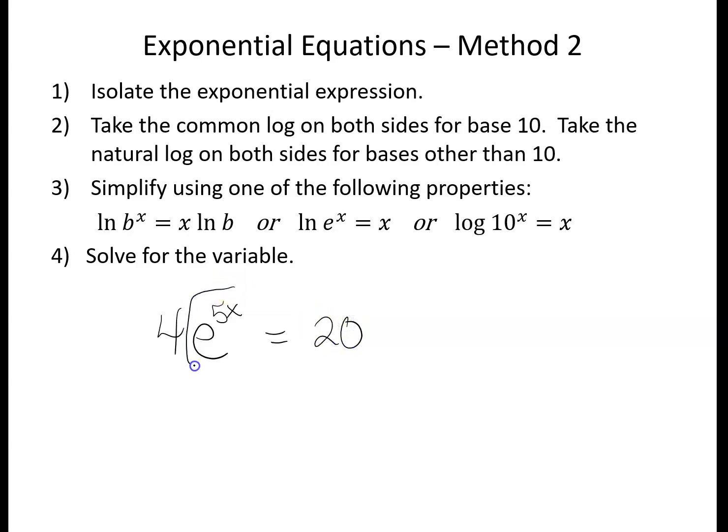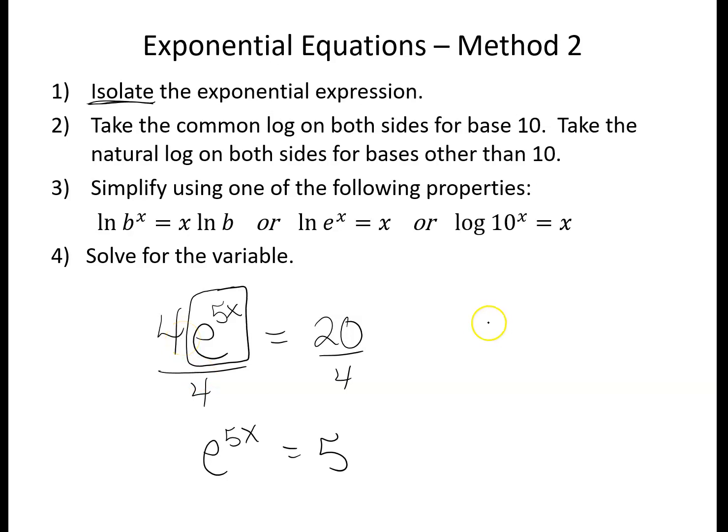So this e to the 5x would be considered the exponential expression, just the base with the exponent. To isolate it, which is what we're told to do for step 1, I would divide both sides by 4. And then I would have this exponential expression all by itself.